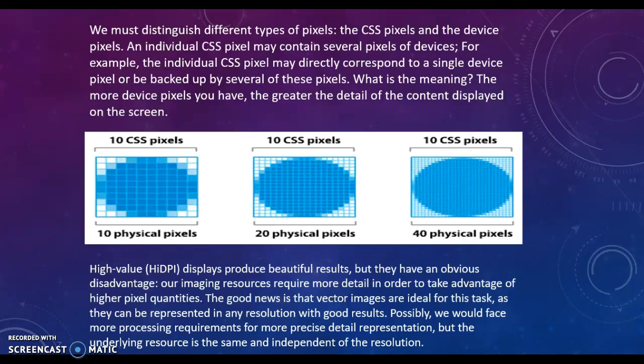The individual CSS pixel might directly correspond to a single device pixel or be backed by several device pixels. What is the meaning? The more device pixels you have, the greater the detail of content displayed on the screen. We have three examples with three different dimensions.